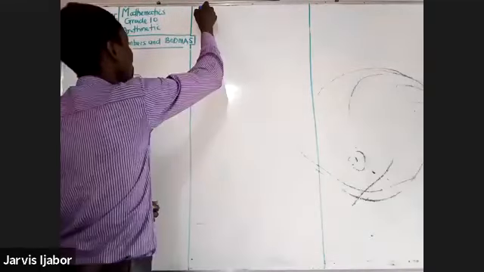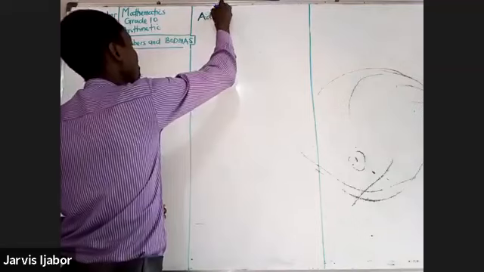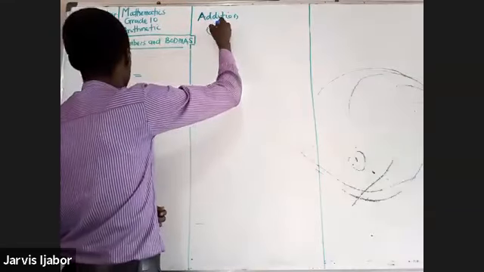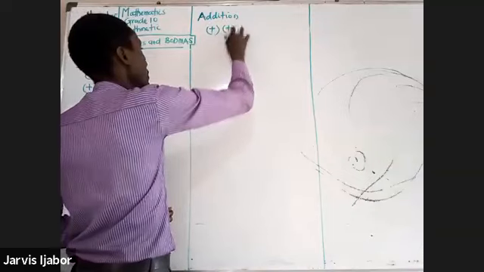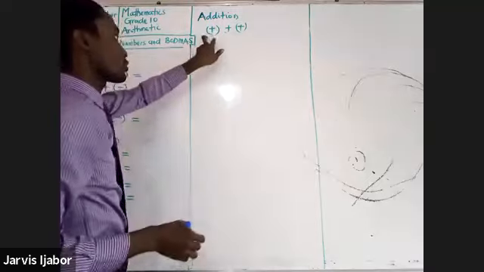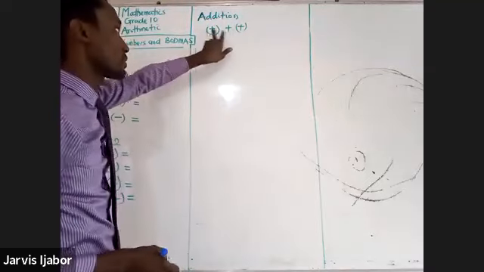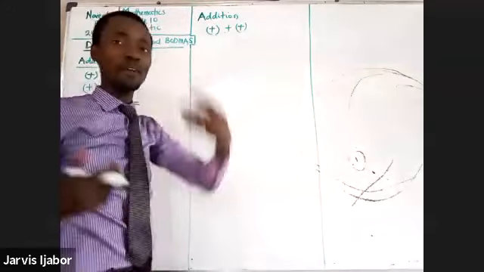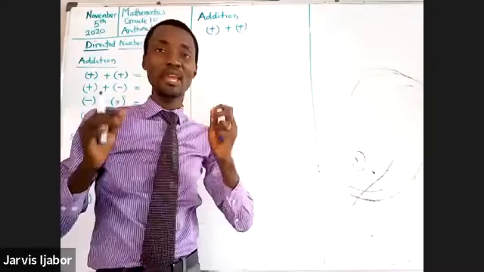Now look at it. We're going to addition now. And the first one I'm considering is plus. I've used this bracket to show that these are positive numbers. Positive plus positive. Once in a while, I make this error.